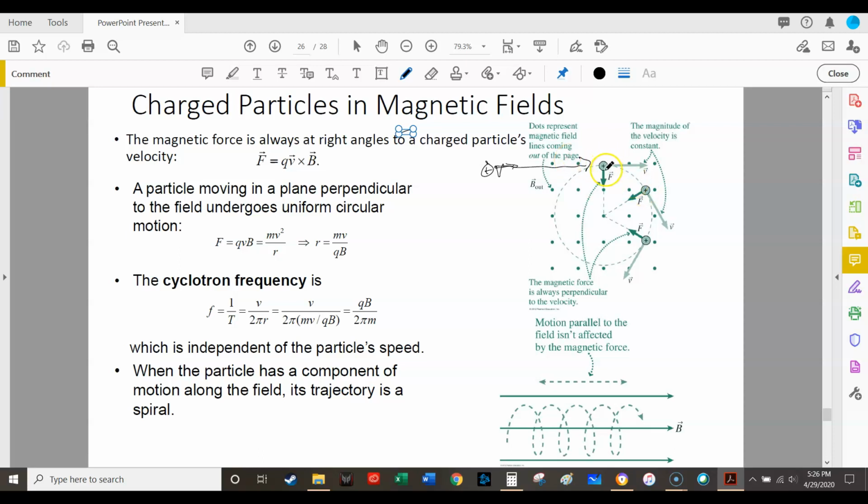Well, it's going to then create a downward force. So I'm applying the right-hand rule. My thumb is pointing to the right. My index fingers are pointed out of the page at my own face. So now my palm is pointed down. Now, that means it's going to create a magnetic force down. Well, that's going to cause the particle to start to get to right here.